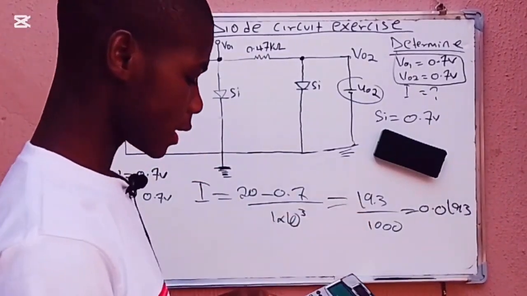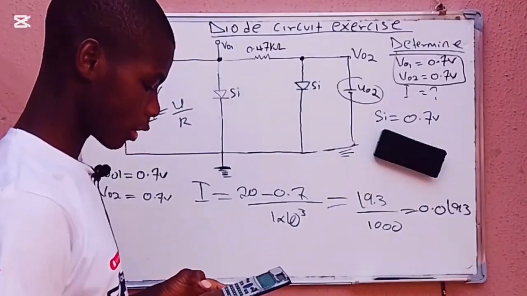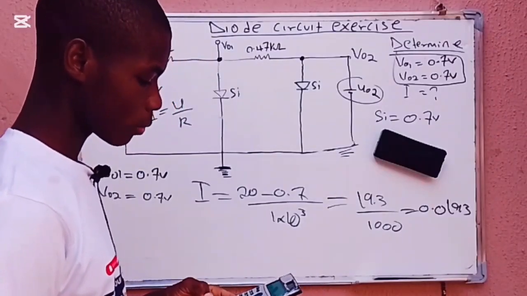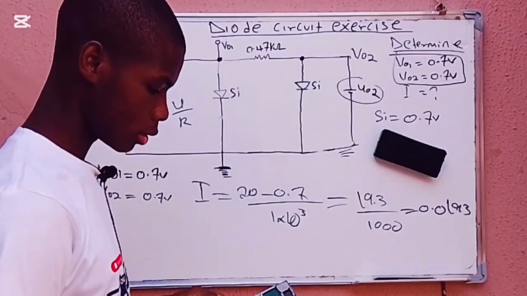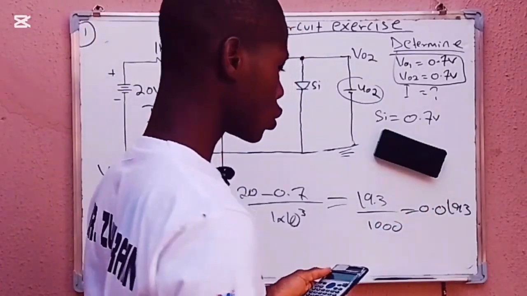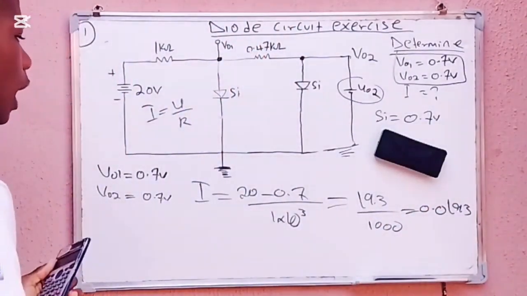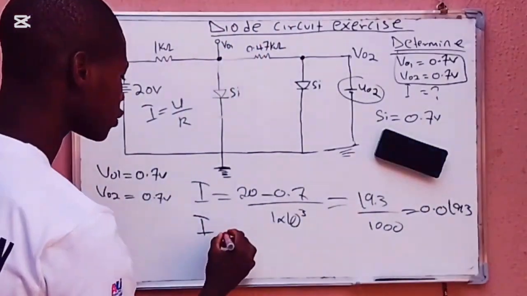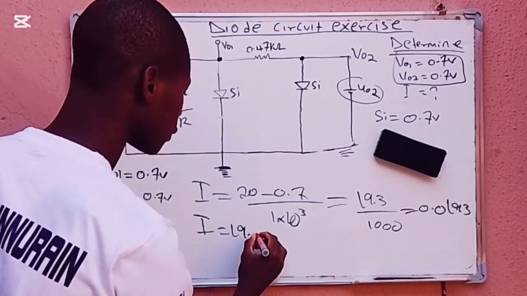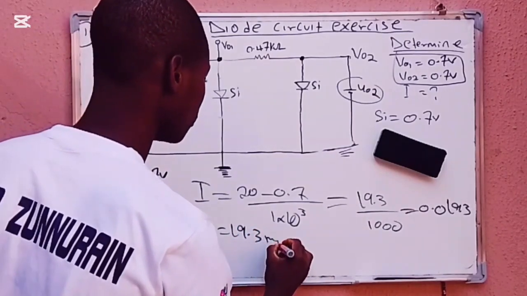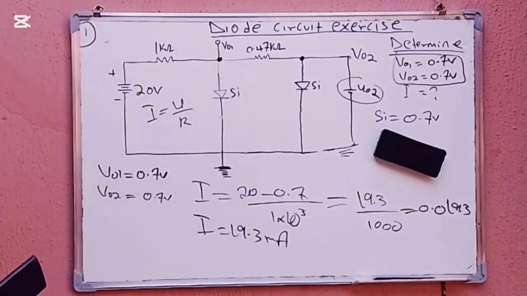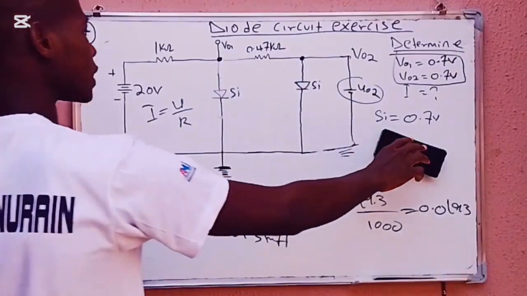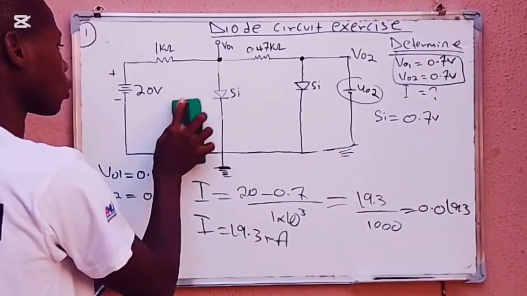Let me check: 19.3 divided by 1000, yes, it is the same thing as 0.0193. So the value of the current is equal to 19.3 milliamps. But this is not the only way; I can use a second way.